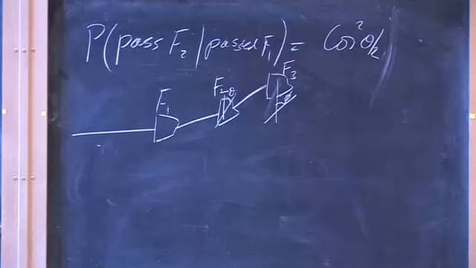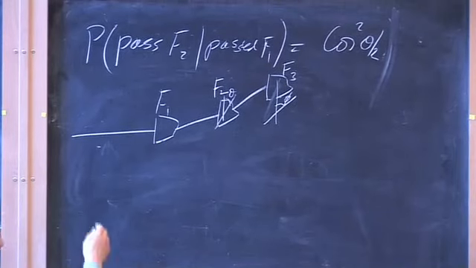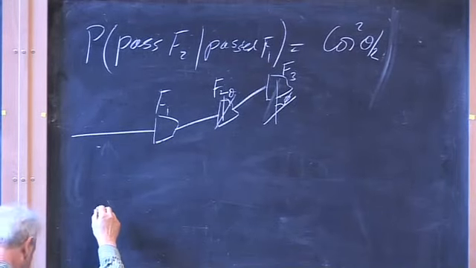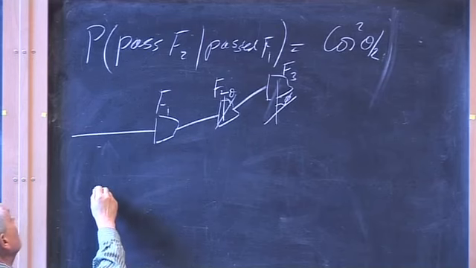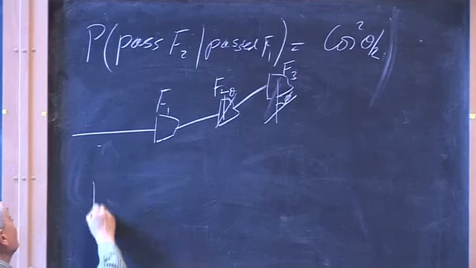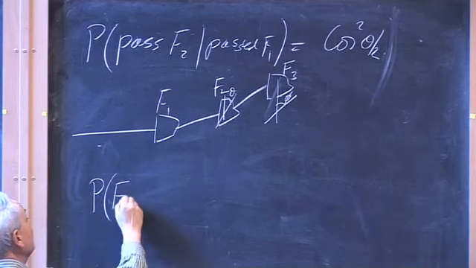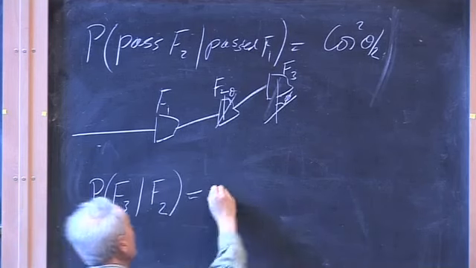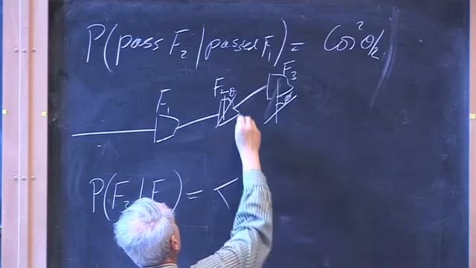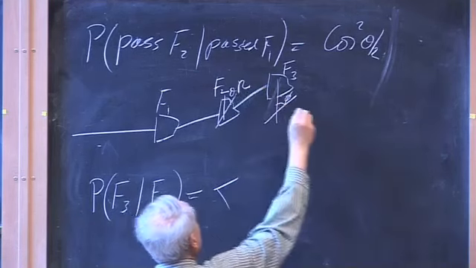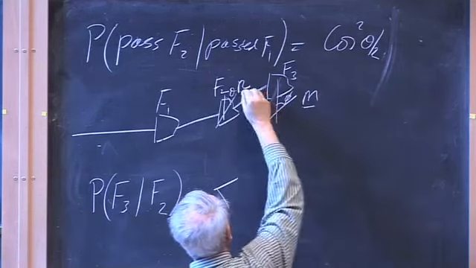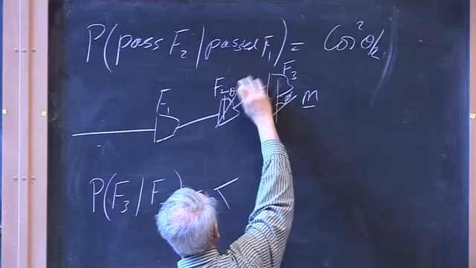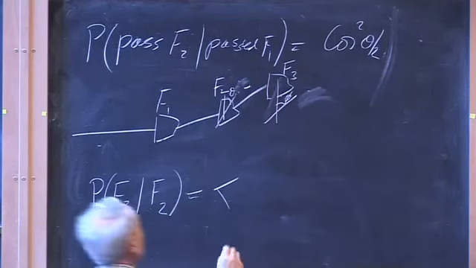So the probability of passing F3, given that you passed F2, is going to be, we'll call this vector n, and we'll call this vector m, say. No, we'll use this notation.